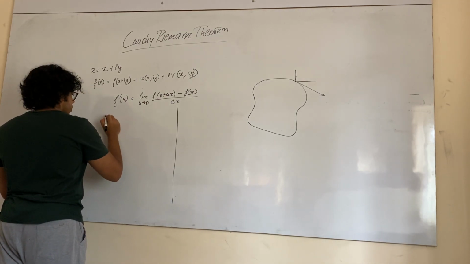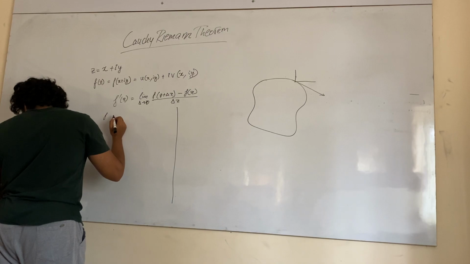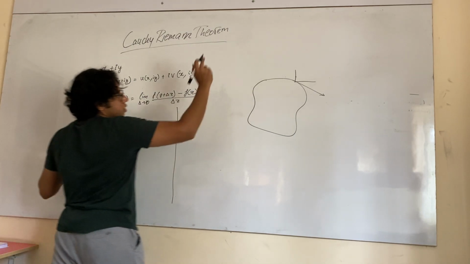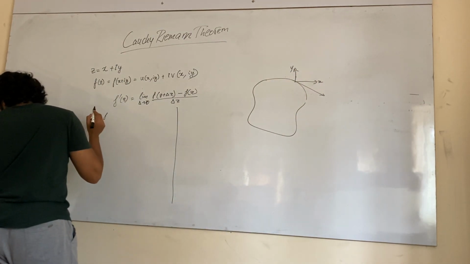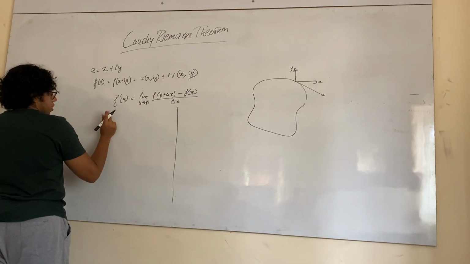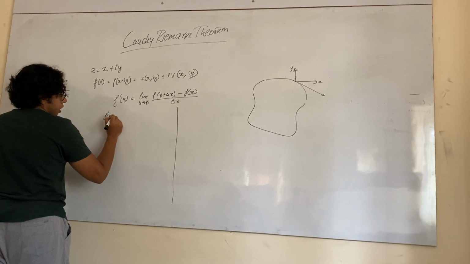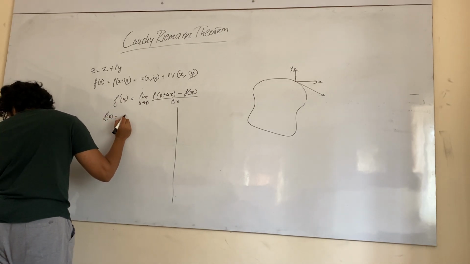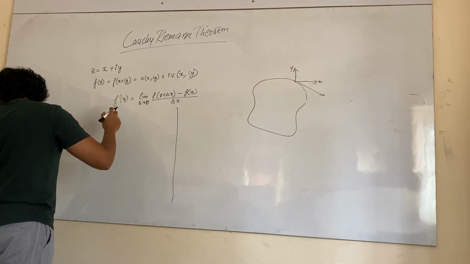So now consider f dash of z with respect to x, so we write x as a subscript.